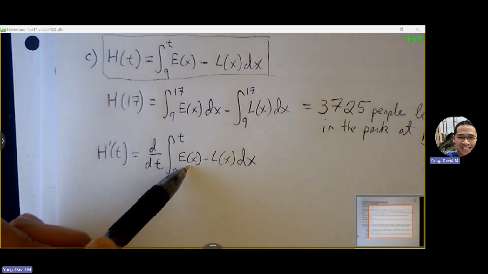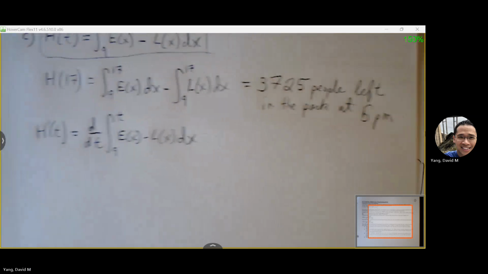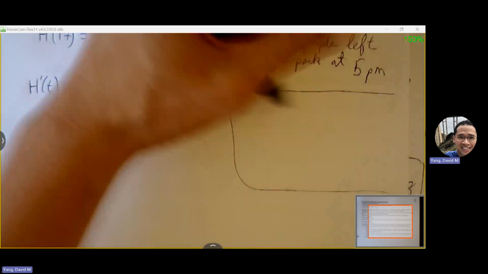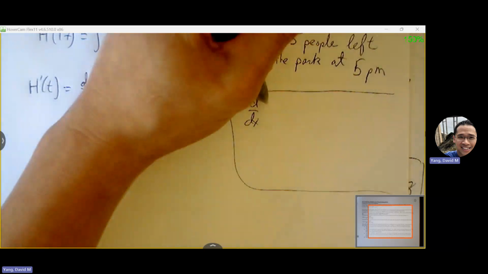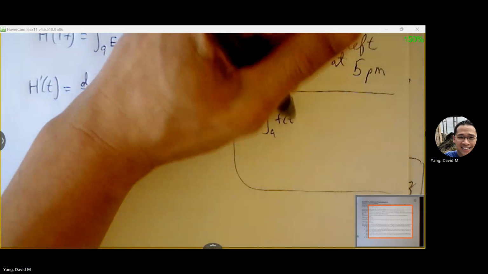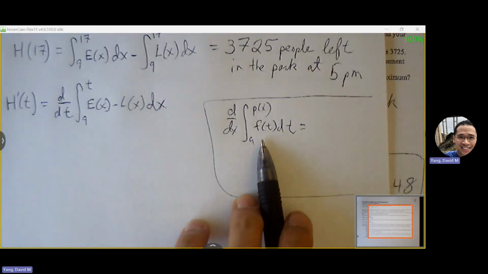Replace the x with what? Okay, let me review second theorem here. Okay, you guys just did this on the quiz here. What does this turn into?